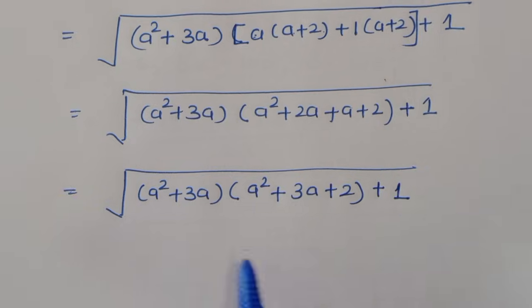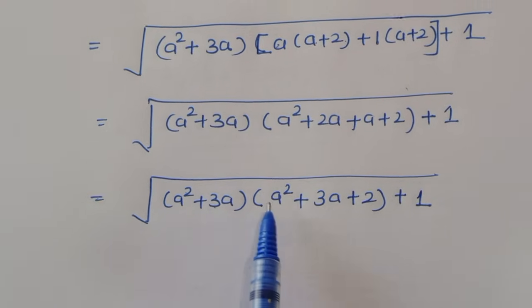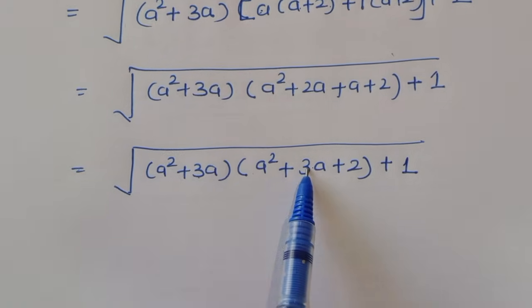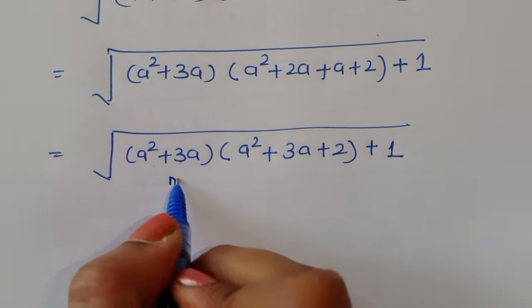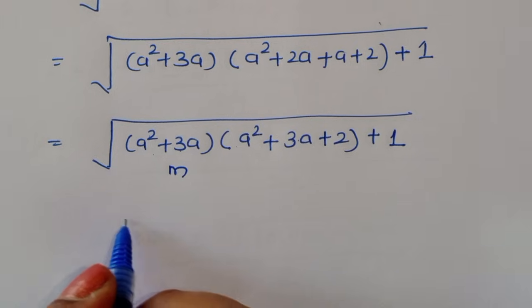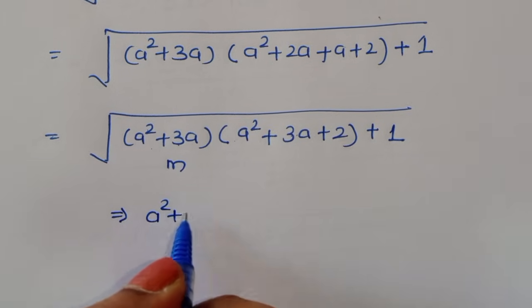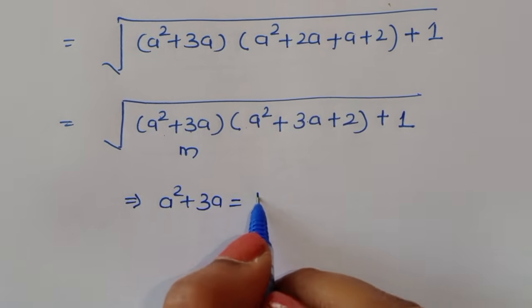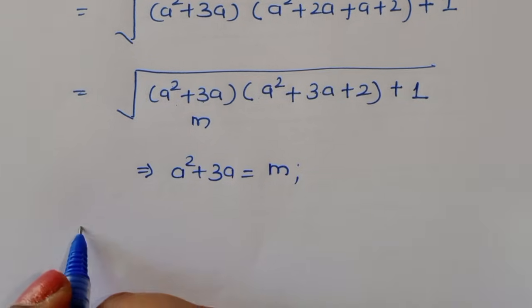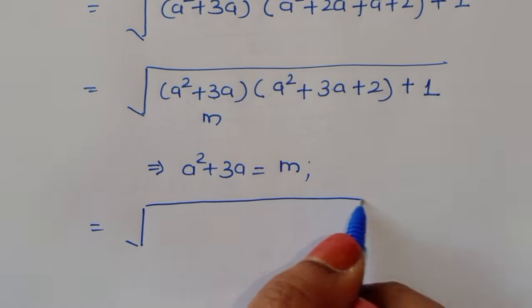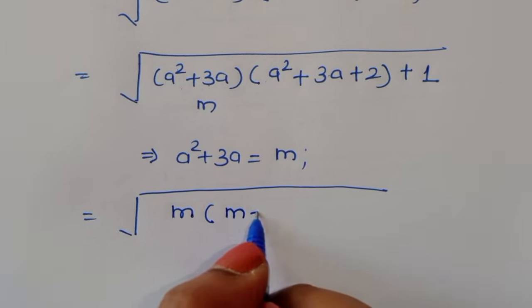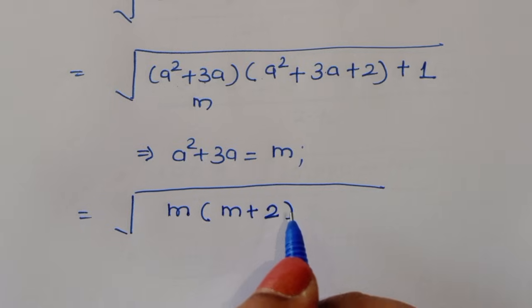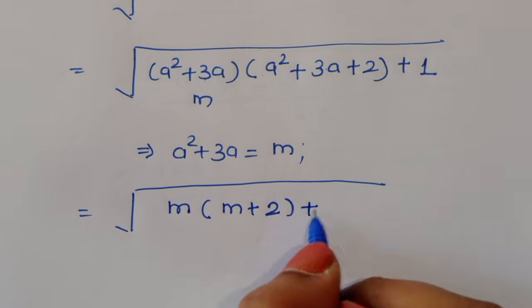Now you can see a square plus 3a is a common term, so we can consider a variable m, where a square plus 3a is equal to m. So we can write this as m times m plus 2, plus 1, right?